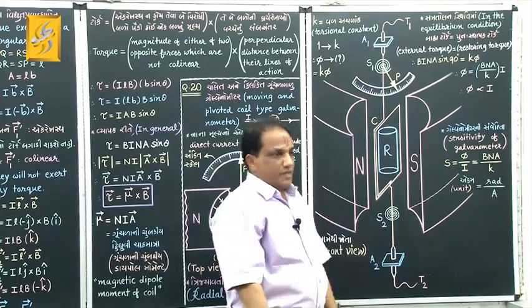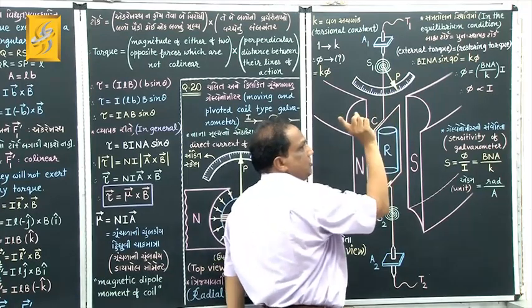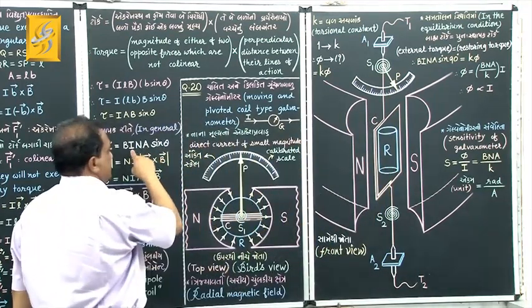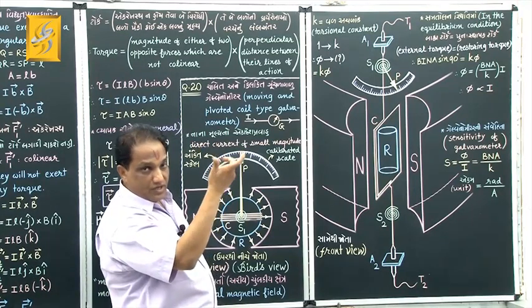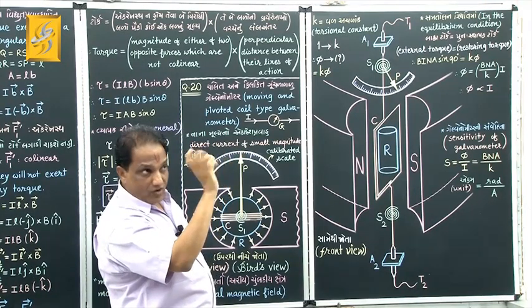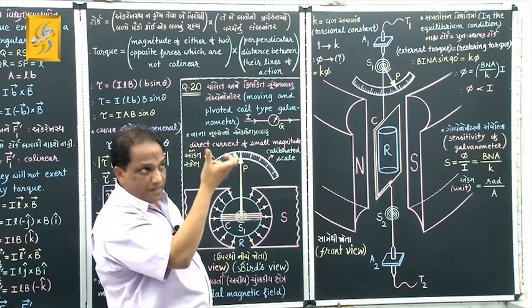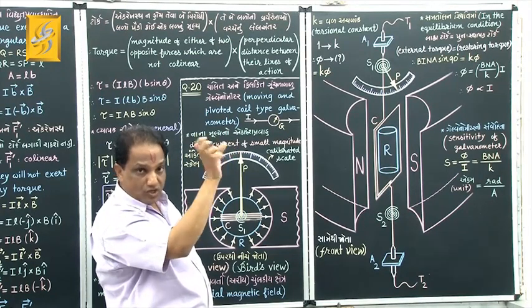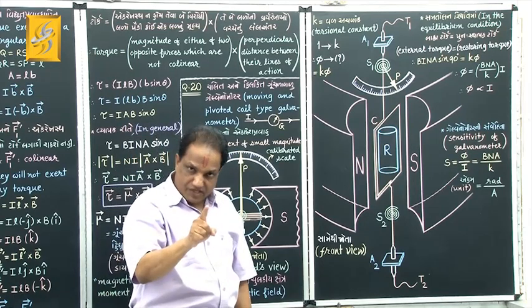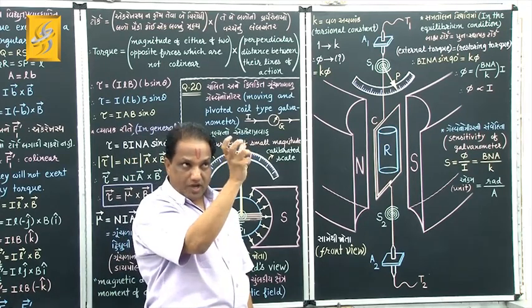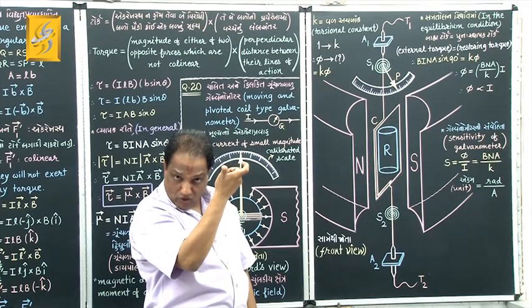Now tell me, the external torque is constant, correct? But then because of the external torque, the coil deflects. As the coil deflects more and more, there is more and more restoring torque developed in the elastic spring. At one stage, the restoring torque becomes equal to external torque.